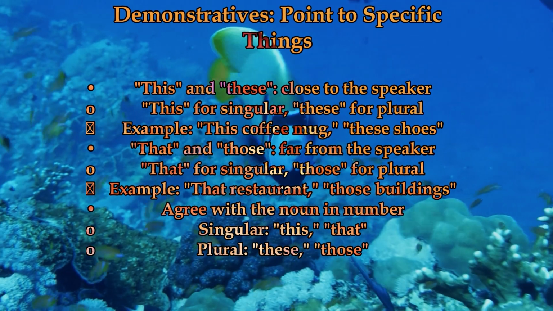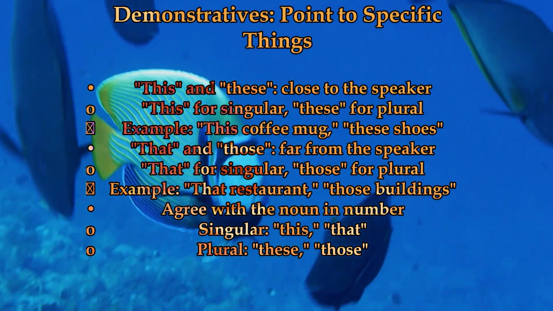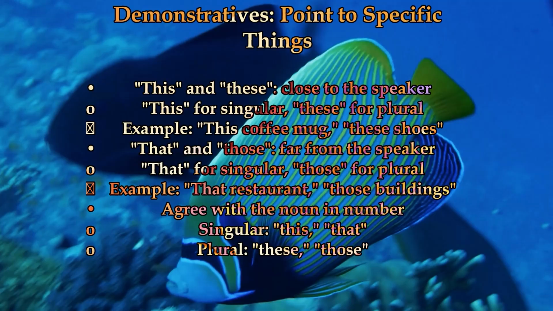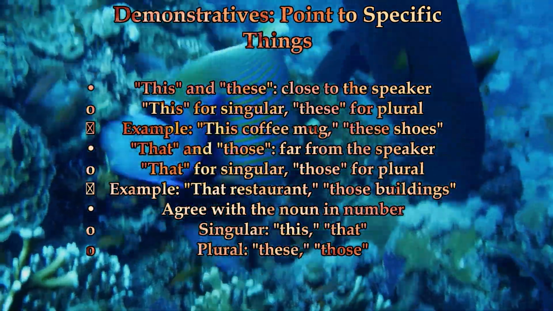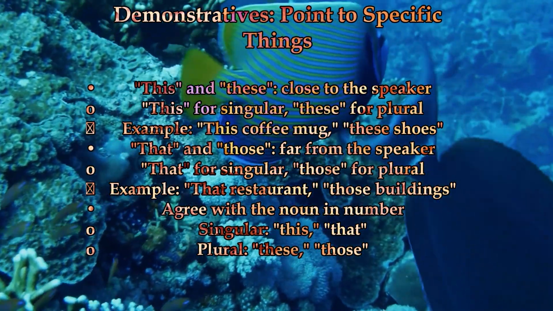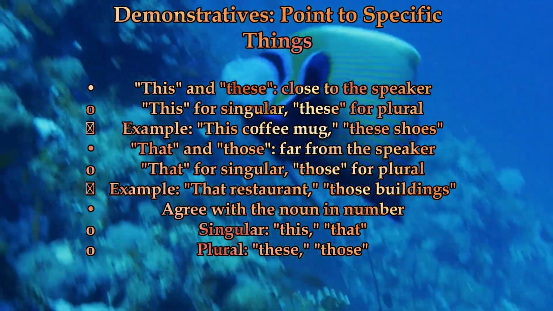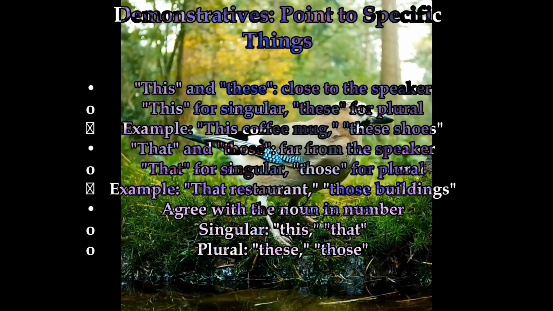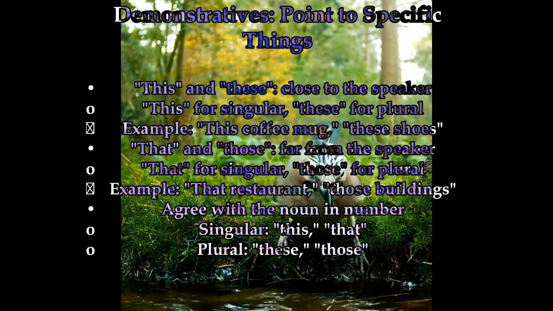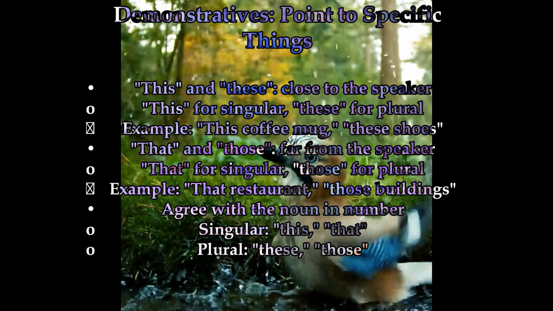Those is used because the buildings are far from the speaker, and buildings is plural. 3. In the sentence, "I prefer these shoes to those," the speaker is comparing two different pairs of shoes, one nearby and one farther away. 4. In the sentence, "That restaurant across the street serves amazing pasta." That is used because the restaurant is far from the speaker and restaurant is singular.